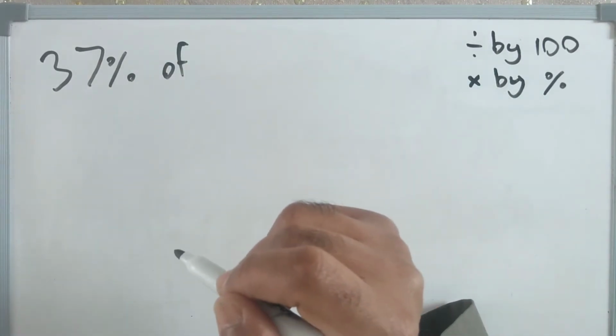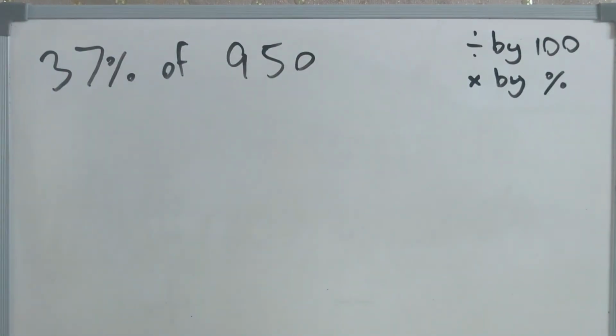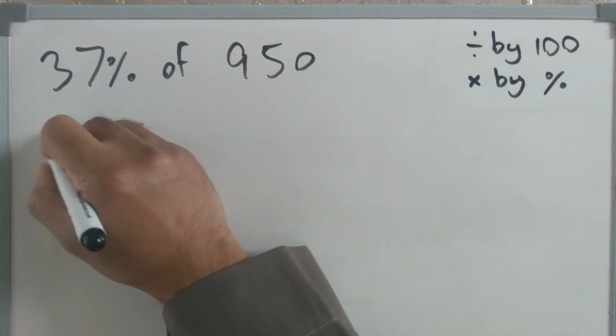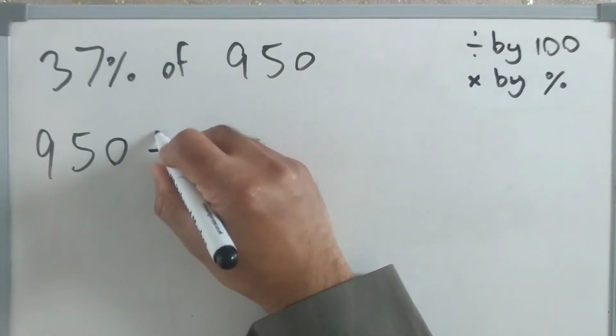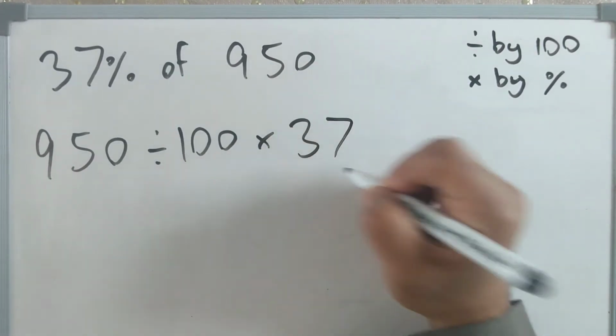But how many people were there originally? 950. So 37% of the 950 people passed, and we want to know how many people passed. So we get 950 divided by 100 times 37.